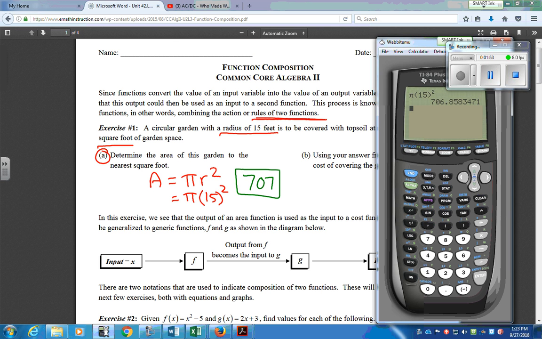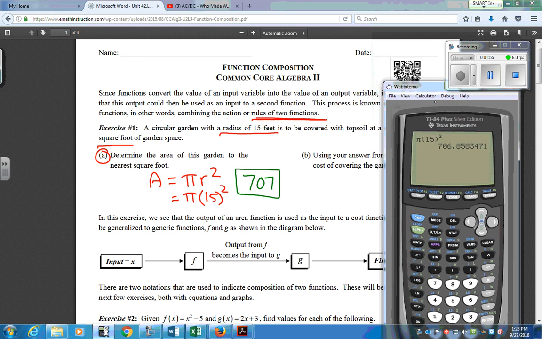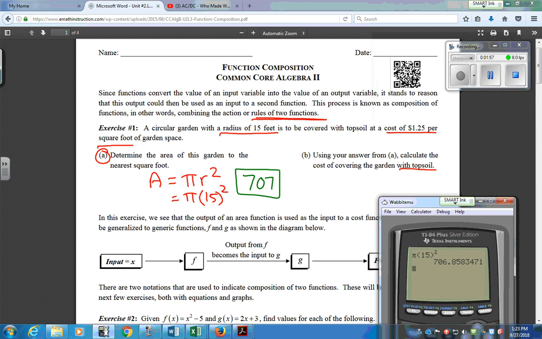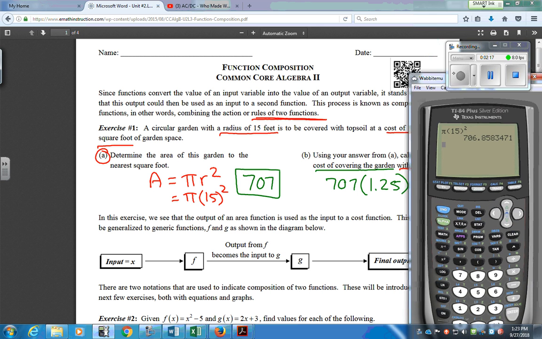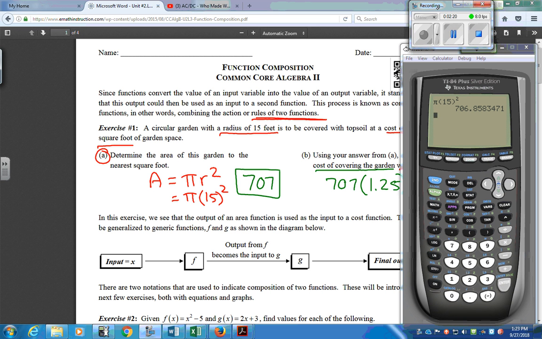Now here's the thing, that doesn't give me a final answer yet. I've got to figure out the cost of covering the garden. So right now I've got to take that 707 and multiply it by 1.25. So 707 times 1.25.